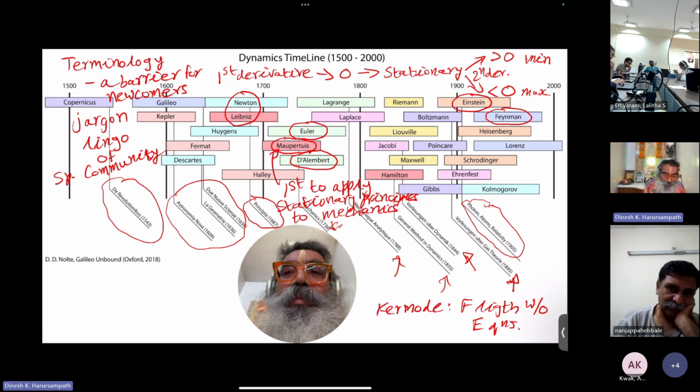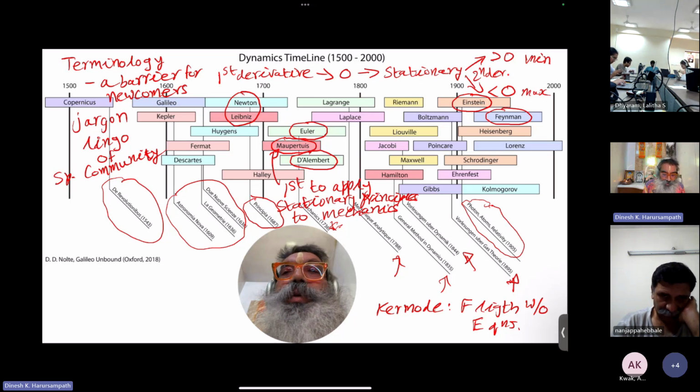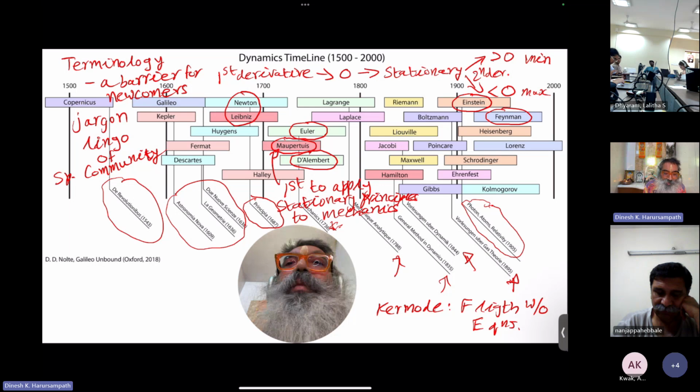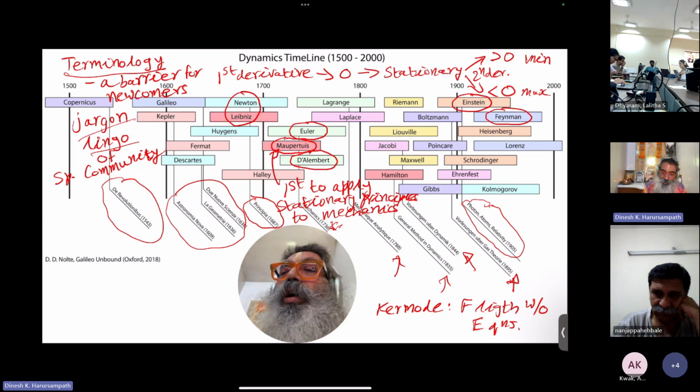And I'm not saying this because I've done research or have guided a lot of research students in this field, but more when I teach newcomers and see how quickly they tend to grasp some of these aspects. I can see that the main barrier is the terminology or jargon or lingo, rather than the actual physics or math that is involved. So just try to break it up and try to see the parallels from what you know to what you don't know. It's that journey that is learning, which is very important.